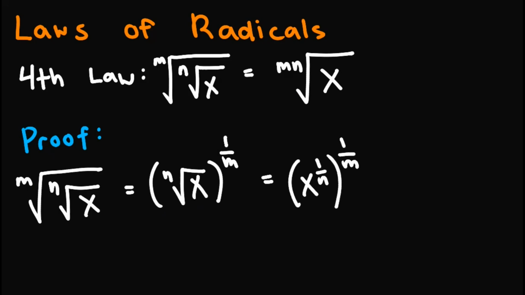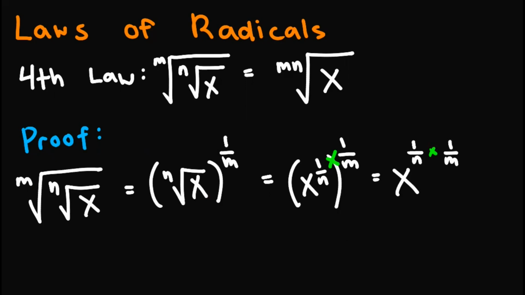Now this one is simply the power of a power law in laws of exponents. So we multiply these two. So we'll have x raised to 1 over n times 1 over m.